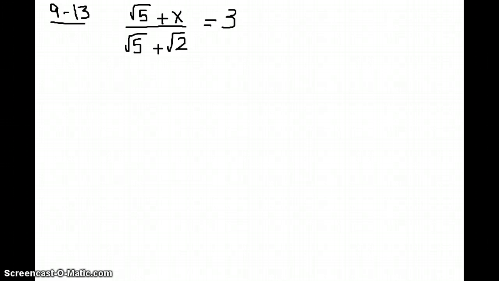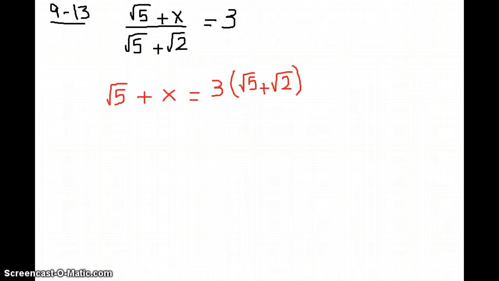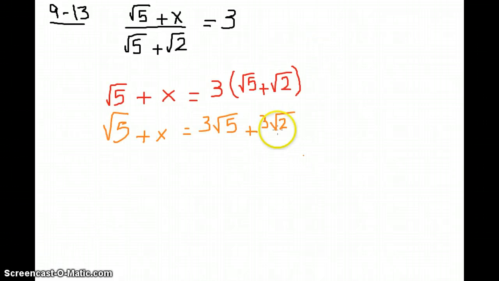All right. So for this problem right here, 913, the first thing you're going to do is they ask you to isolate x. So the first thing you want to do is move the denominator to the other side. So I'm going to multiply by root 5 plus root 2, and I get this. So now I have the denominator multiplied to the other side, and I can distribute the 3, and I get that.